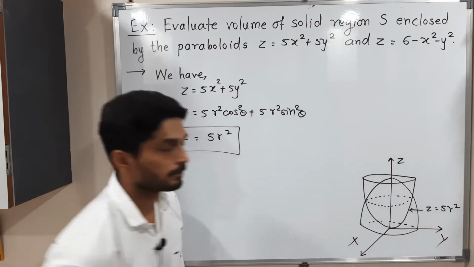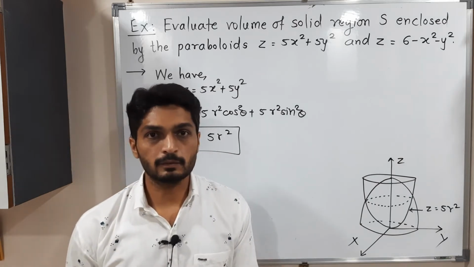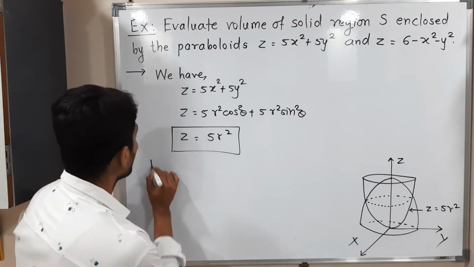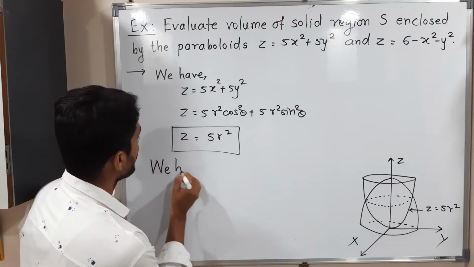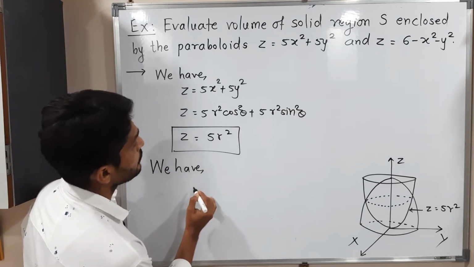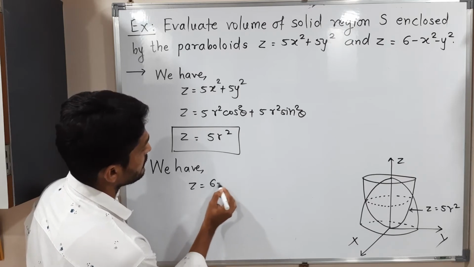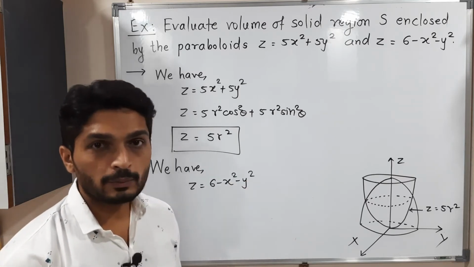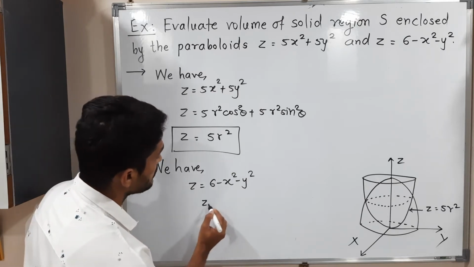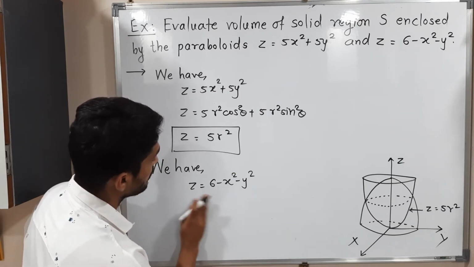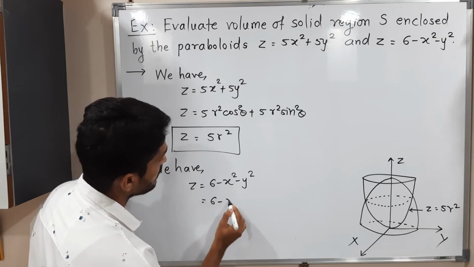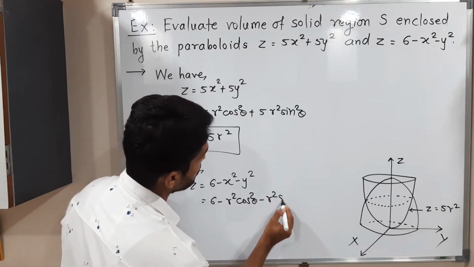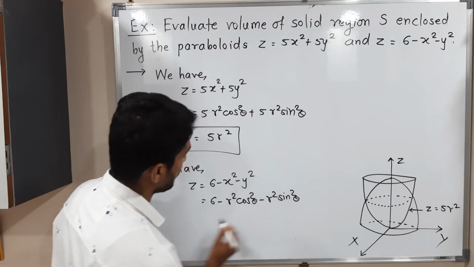Let us convert the second surface into cylindrical coordinate system. We have z is equal to 6 minus x square minus y square. We write z as it is, so this is equal to 6 minus r square cos square theta minus r square sin square theta.